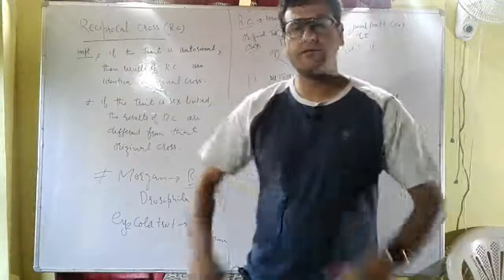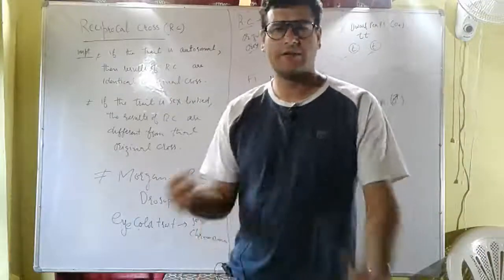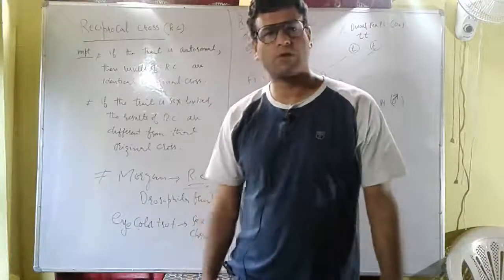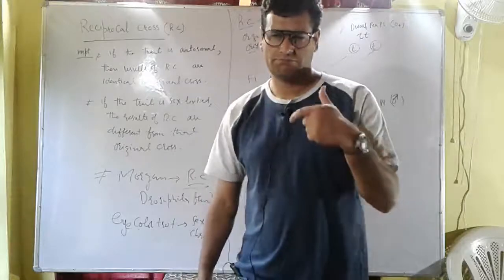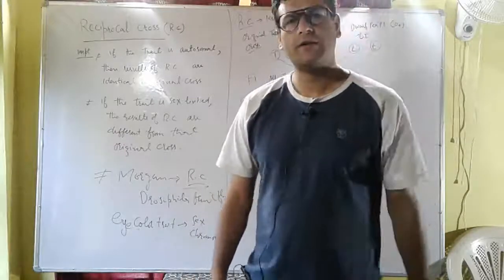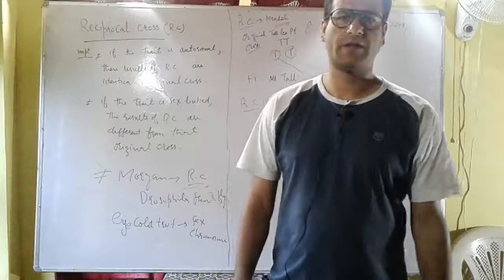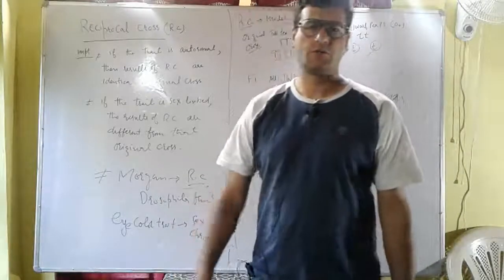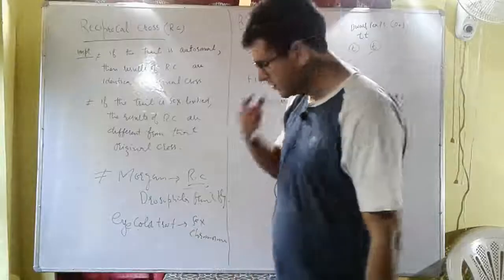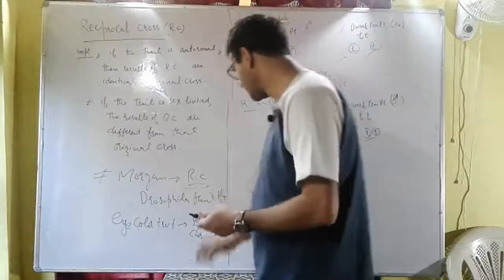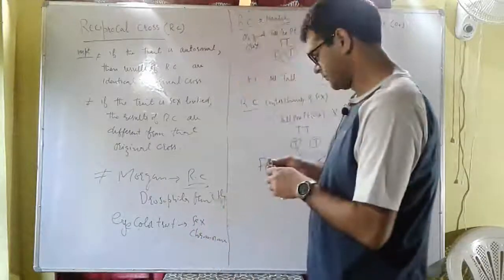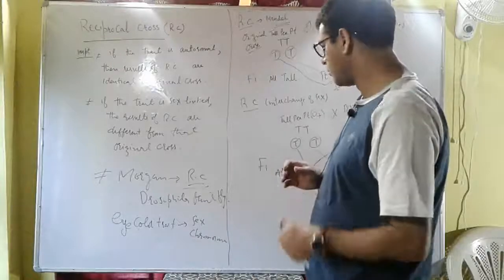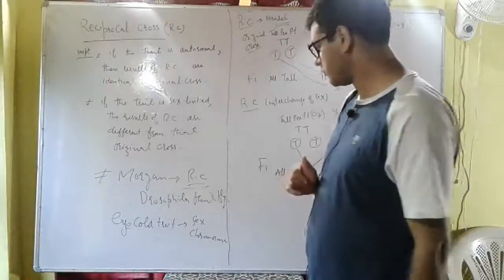Obviously, if we take this eye color trait and go for the reciprocal cross, the result of the reciprocal cross would be different as compared to that of the original cross in case of the eye color trait in Drosophila melanogaster, the fruit fly. So we'll perform this eye color cross in case of Drosophila.